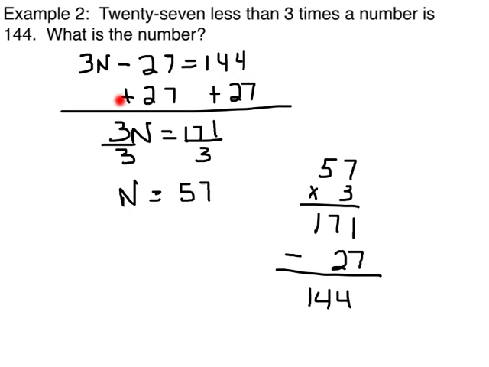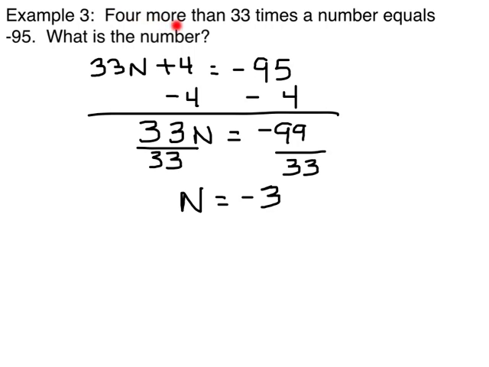Now we're going to add 27 on both sides because here it was subtracted. When we do, we get 3n is equal to 171. I divide both sides by 3 and I'll see that n is equal to 57. I can check that by putting it in right there. 3 times 57 is 171, minus 27 is 144.